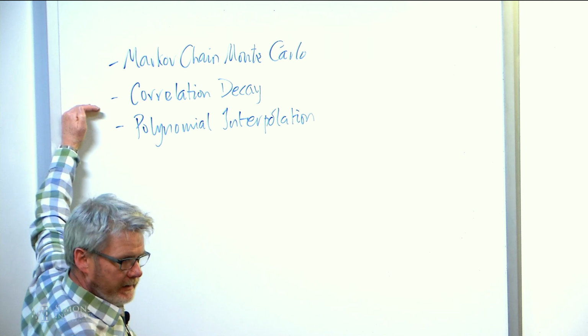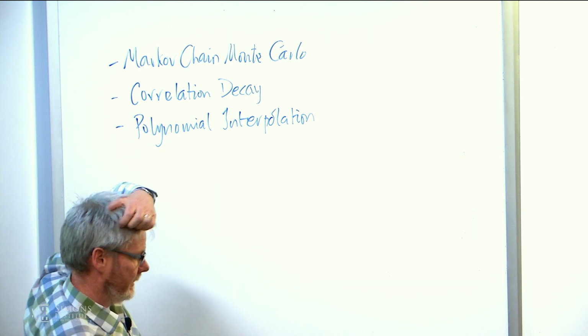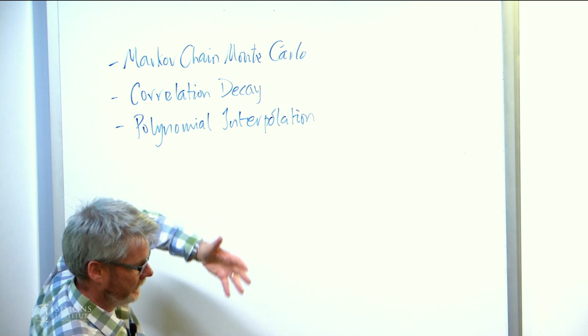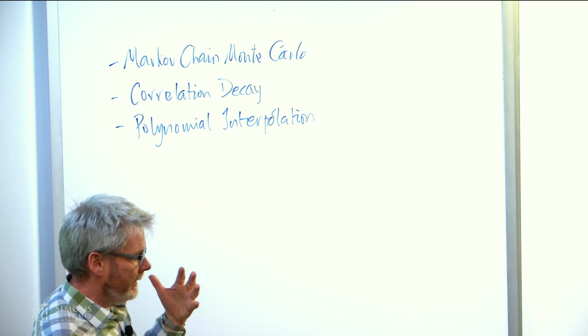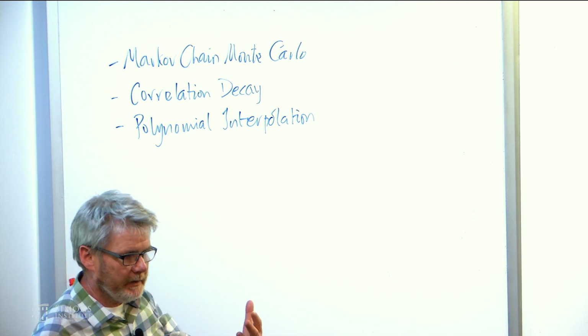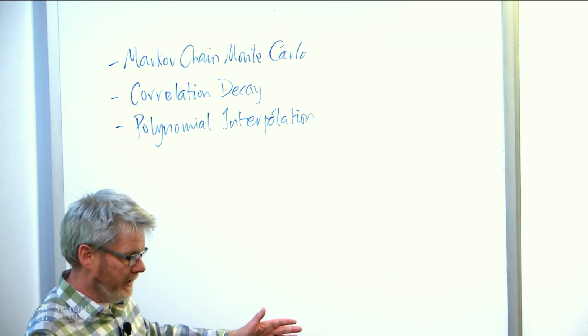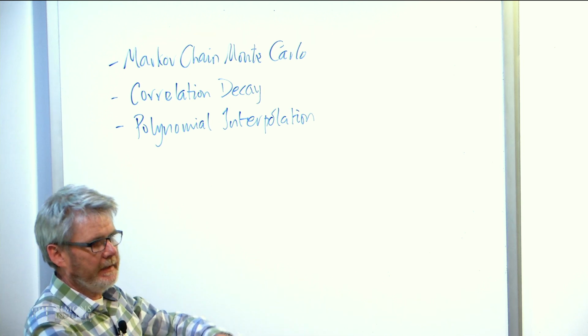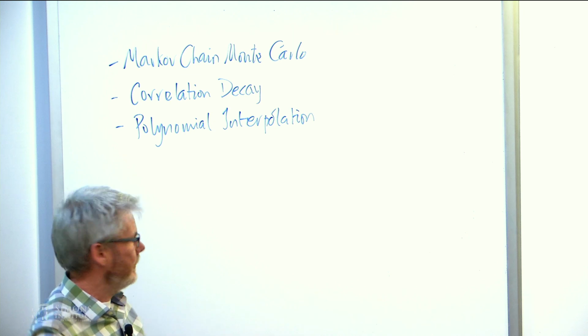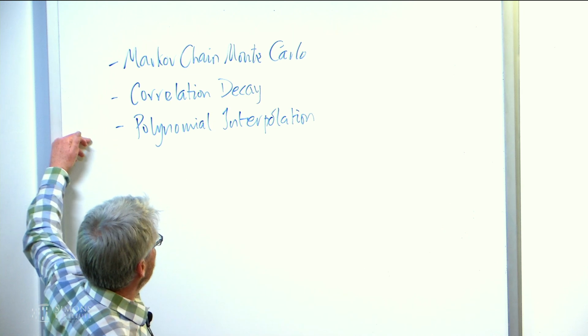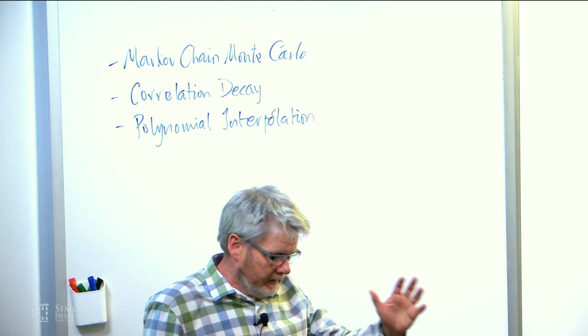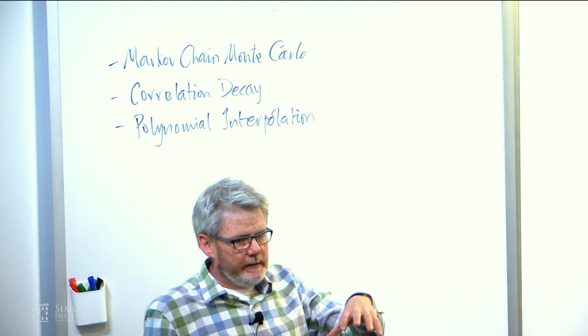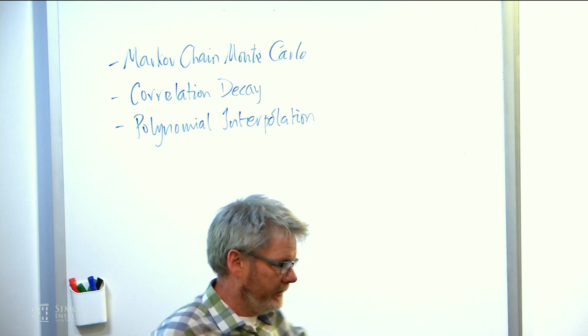The correlation decay algorithms are based on the characterization of lack of phase transitions by uniqueness of the Gibbs measure, which means essentially that correlations decay over distance in the spin system. And polynomial interpolation is based on finding regions in which there are no zeros of the partition function.